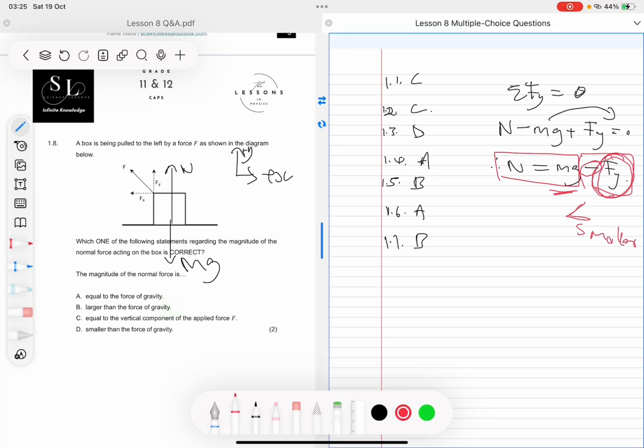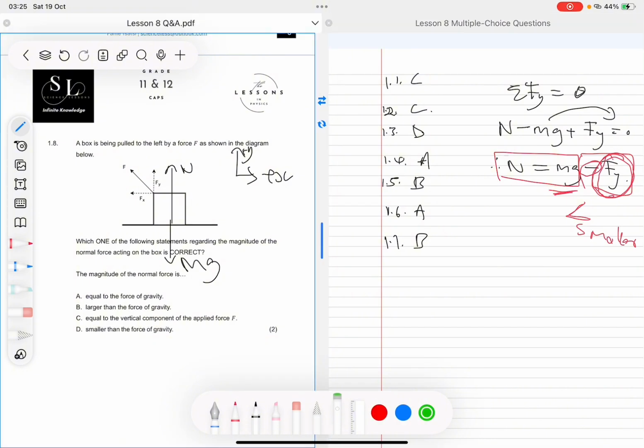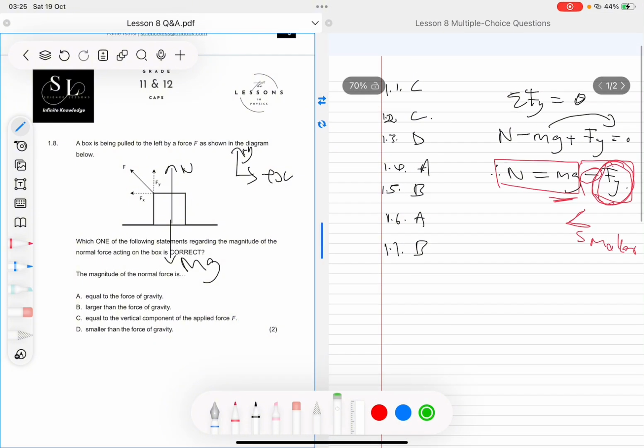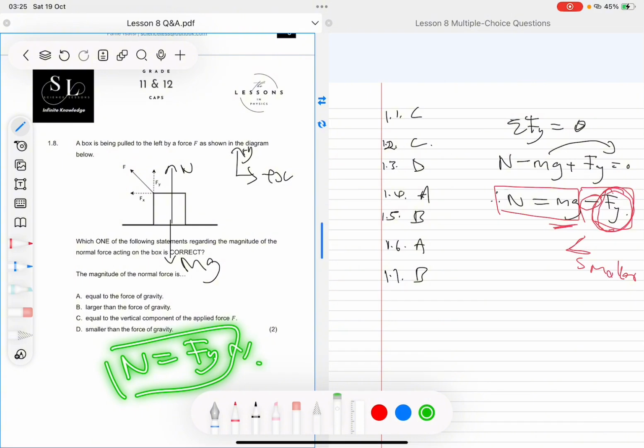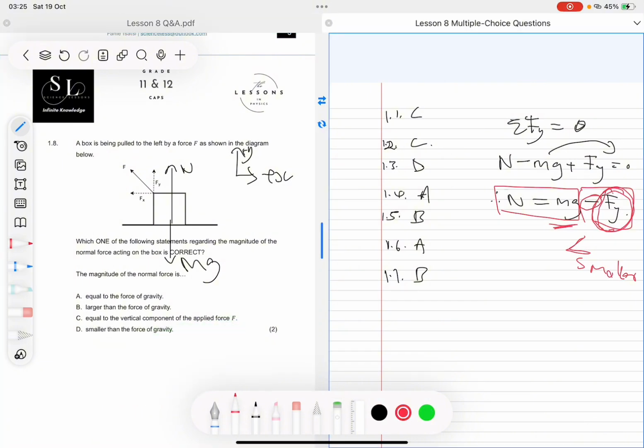We are subtracting, we are reducing it, right? Equal to the vertical component of the force F, no. The normal force is not equal to this component, so this is wrong, right? This is smaller than the force of gravity. We just said here it is actually smaller than the force of gravity, right?